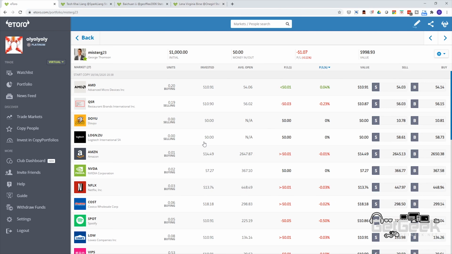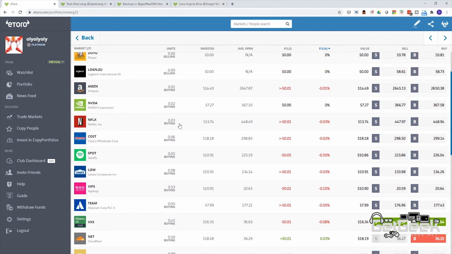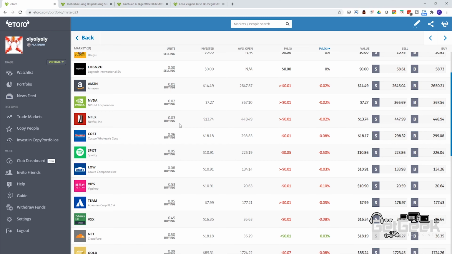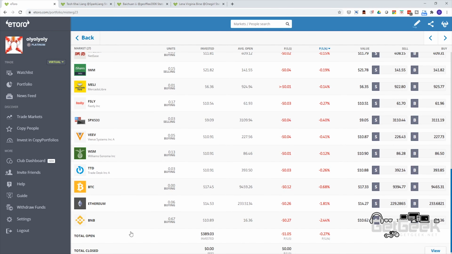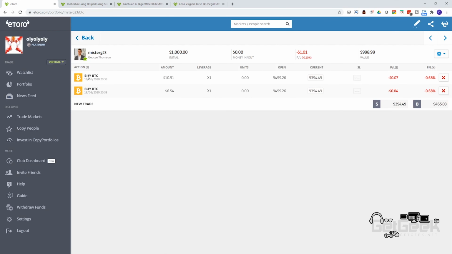So say for example, just looking at here, I may not agree with one of his trades. So what's he doing? Let's have a look. Okay, let's just use Bitcoin for example. At the moment he's buying Bitcoin. Now I may think right now that Bitcoin's going to go down massively.